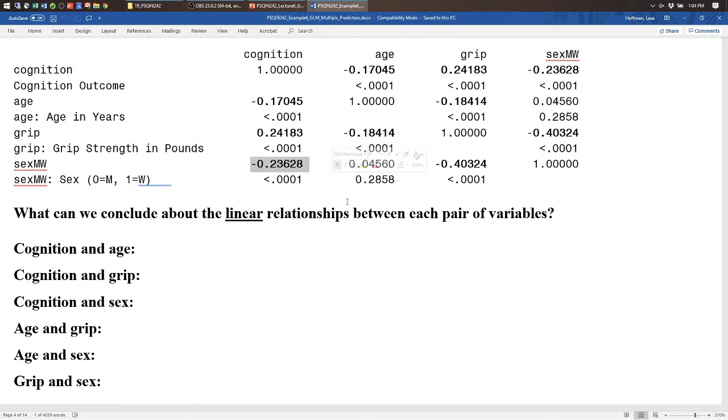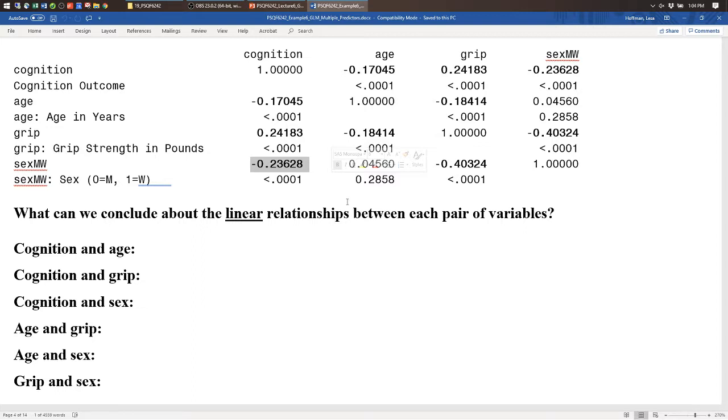How does gender go up? The women are bringing the cognition down. Not the way I would have phrased it, but correct. Higher cognition is associated with a lower value on gender, or being a man.